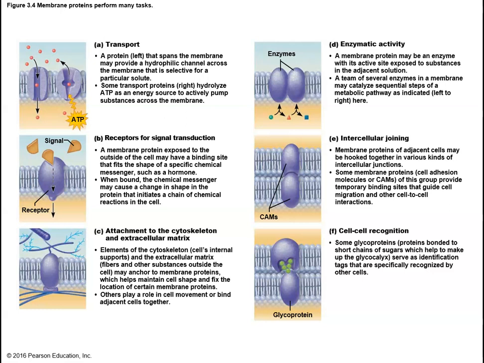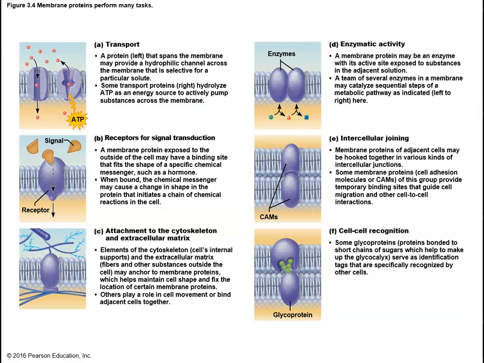We won't spend a lot of time talking about functions B and C there. It's fairly self-explanatory. They can be a receptor for a message. They can be an attachment protein to something else around in the environment. And then D, they can function as an enzyme. So those are basic functions, but not overly interesting from my perspective.